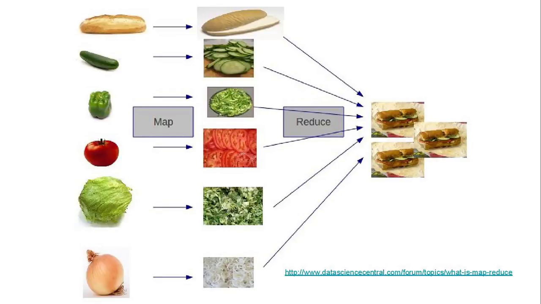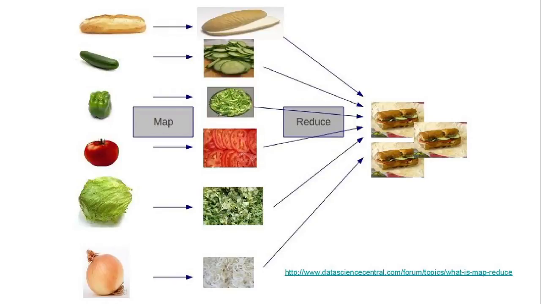Now usually I would do for vegetable in sandwich ingredients, do all of this chopping. But in a functional style, we'd use map, give it the list of ingredients, and give it the function chop, and I would get out a new list where everything has been chopped.